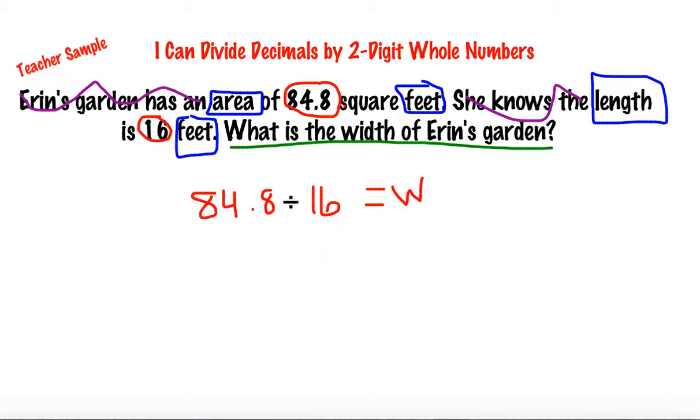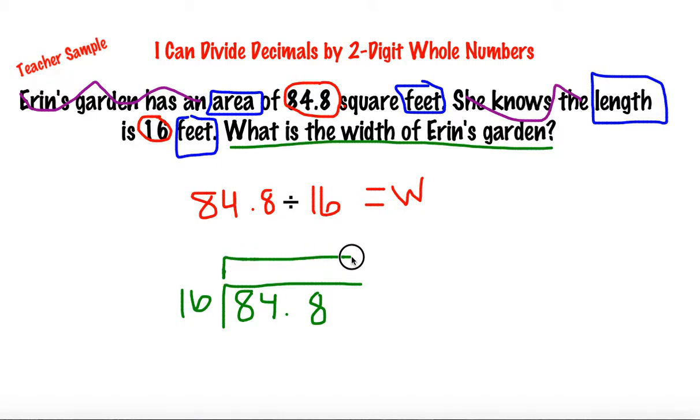So if I were to put this in standard algorithm form, which is what you're going to do, you want to put 84 and 8/10 as your dividend, or the number you're dividing, and 16 is your divisor. Remember that up here where the answer goes, this is your quotient.